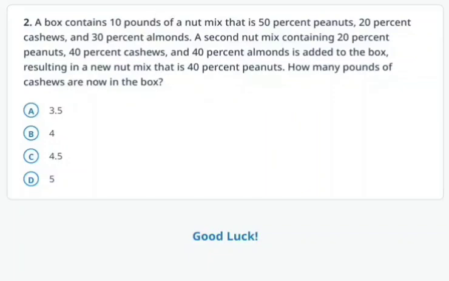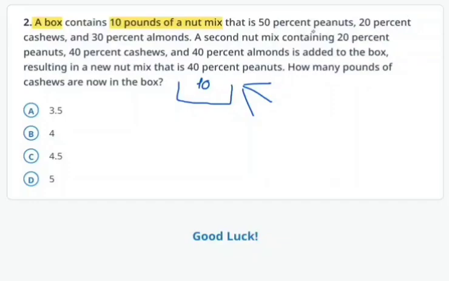To solve this problem, you have to focus on the given and analyze each given to figure out the solution. Number 1, you have a box. A box contains 10 pounds of a nut mix. This is the first information. Imagine you have a box here with 10 pounds of a nut mix, divided into 3 kinds of nuts.